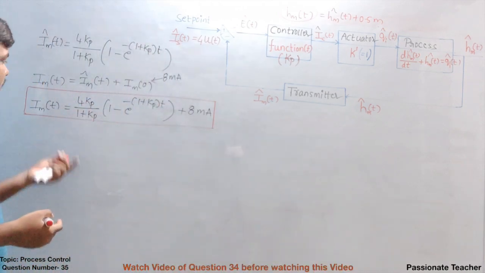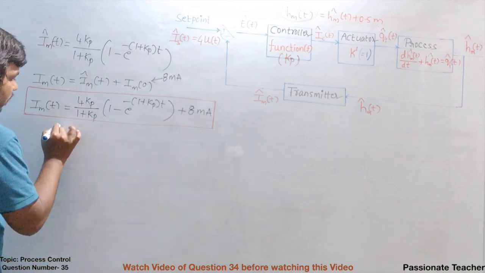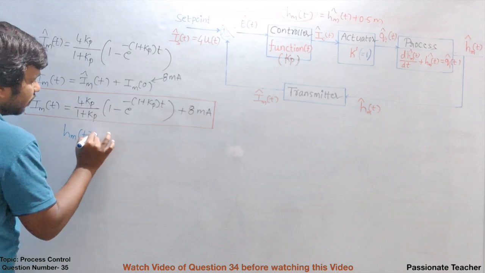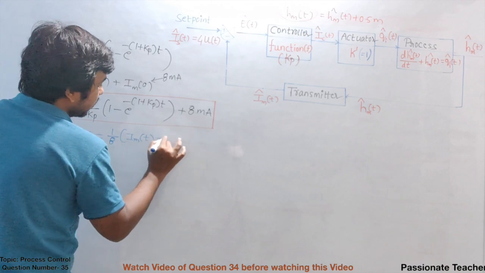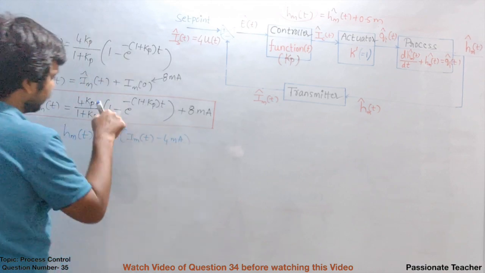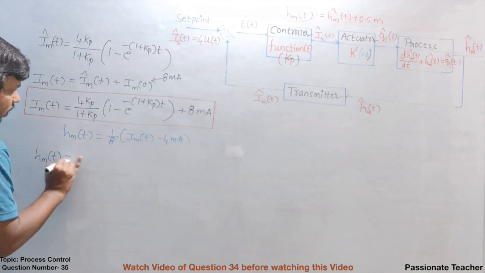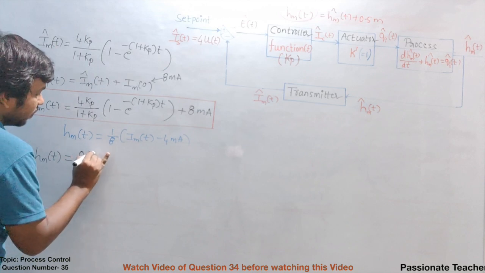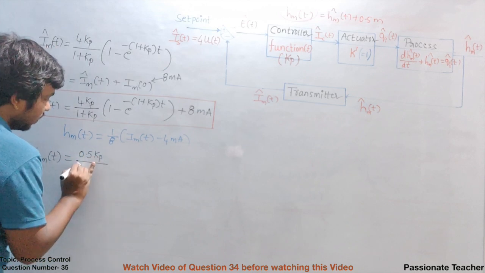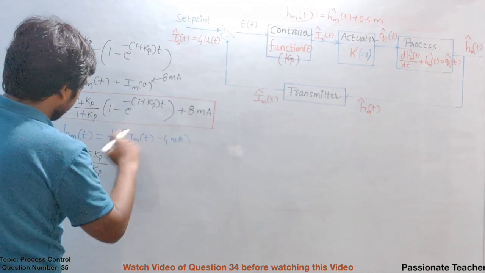Now, what will be the corresponding value of water level with respect to time? We already discussed many times up to now that Hm of t can be given as 1 by 8 into Im of t minus 4 milliampere, right? Now, if you substitute this, the value of Hm of t, the variable of water level with respect to time, is going to come like 0.5 times kp by 1 plus kp, since 4 by 8 is 0.5.